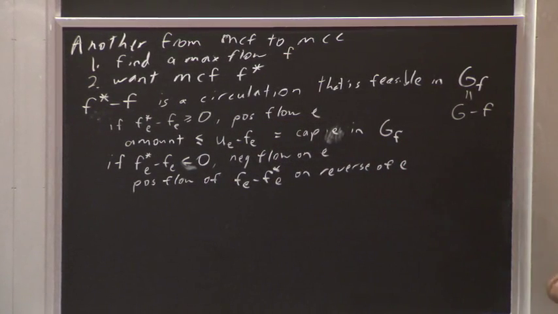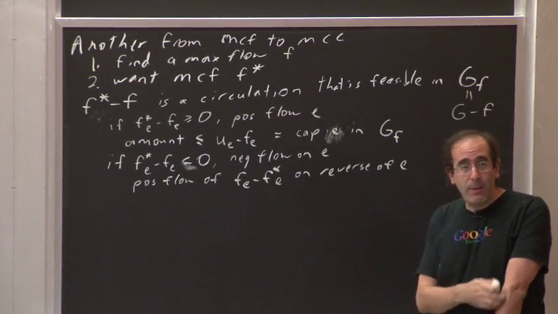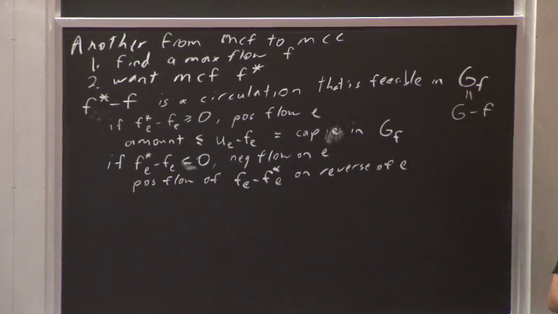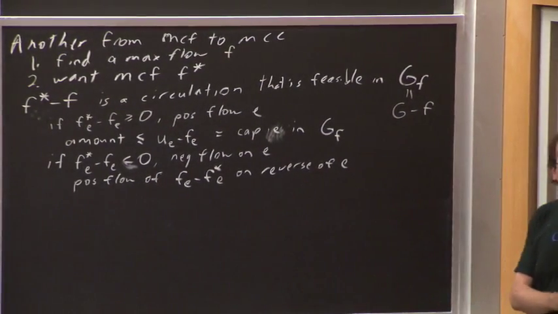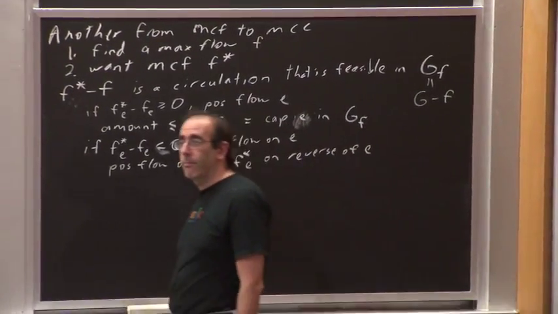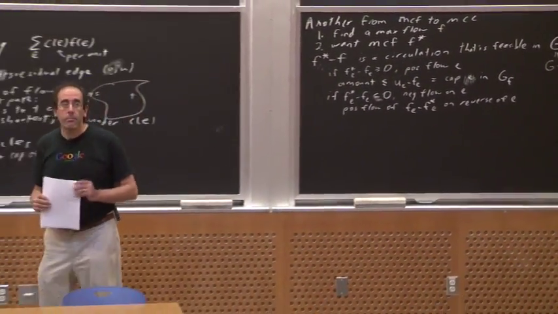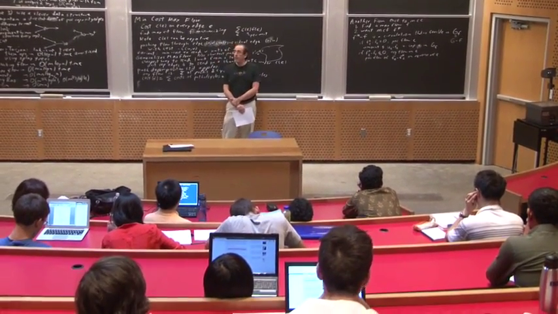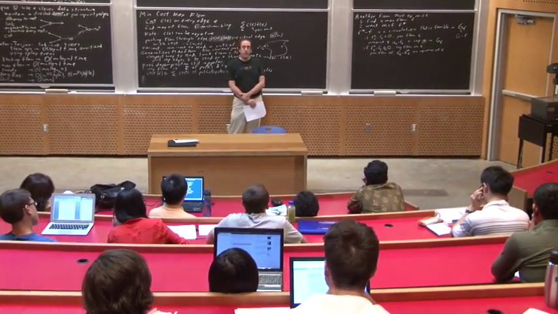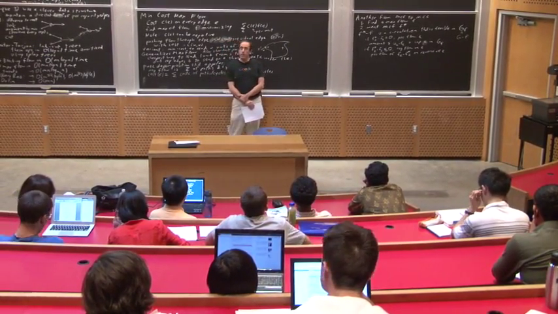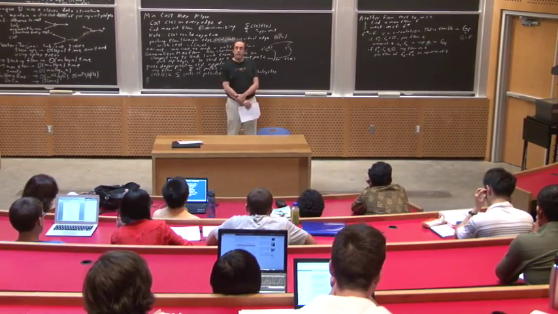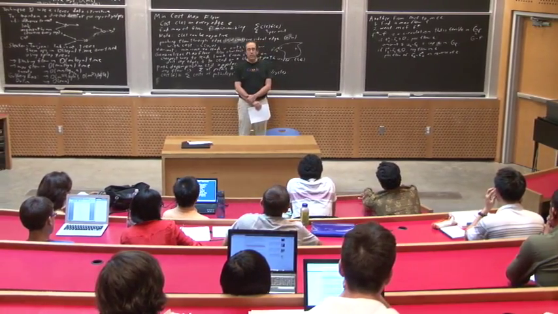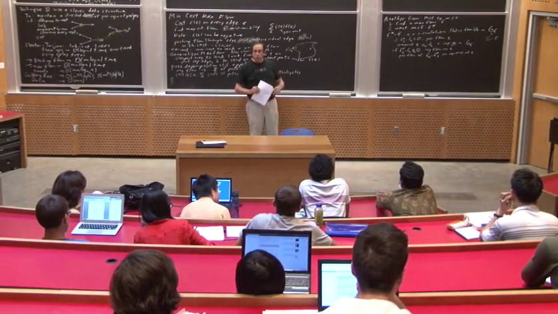Okay, but if we're going to have a positive flow on the reverse direction, we better make sure we have capacity for it. So why will there be capacity for this positive flow in the reverse direction? Because we're looking at the residual graph.